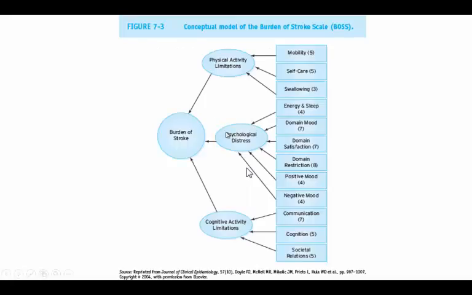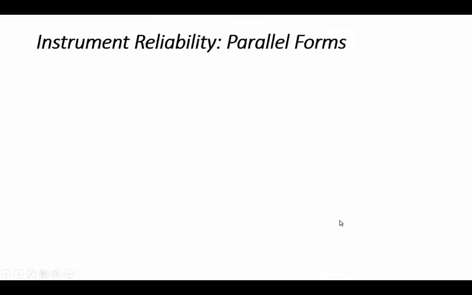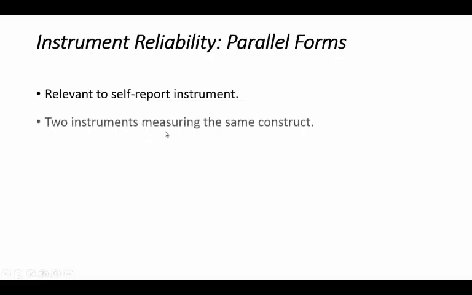So the instrument reliability also sometimes is tested through 2 forms instead of 1. So the previous one, this is 1 form, 1 instrument. Sometimes you want to test 2 instruments to compare them to each other, and that's why it's called the parallel forms. In parallel forms, of course, we're talking about self-report instruments.